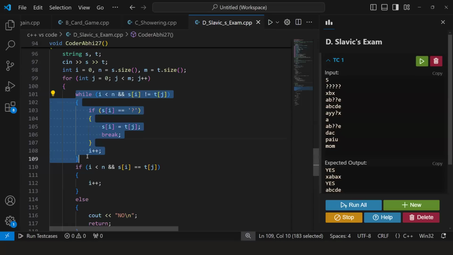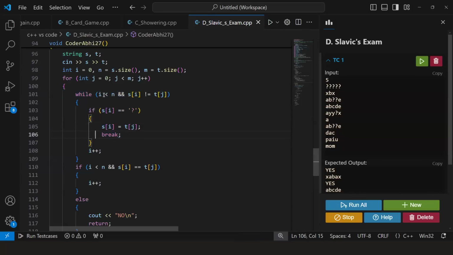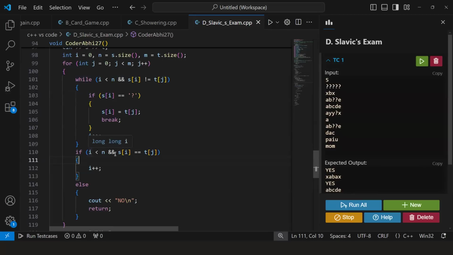So in this while loop, we are handling the I pointer. If I is less than N still and they are equal, we need to do I plus plus and J plus plus, both of them. J would automatically get incremented when it moves to the next loop.